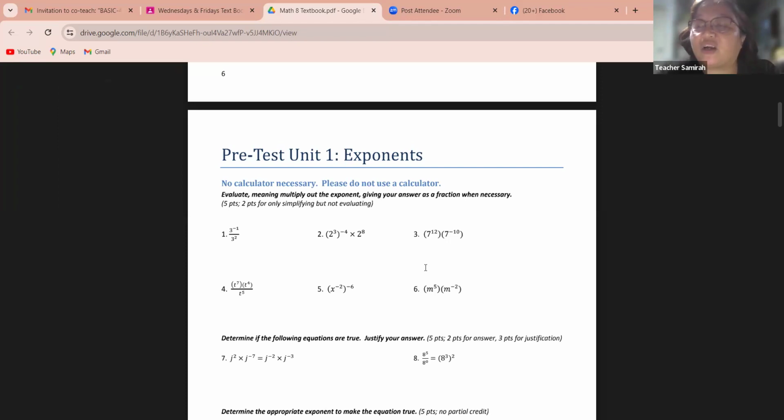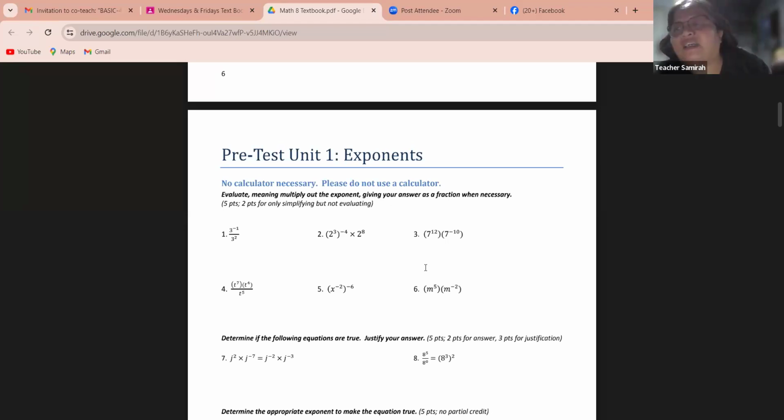What is your answer? Okay, I will give you choices. Letter A, M with exponent of 7; B, M with exponent of 3; C, M with exponent of negative 7; D, M with exponent of negative 3.